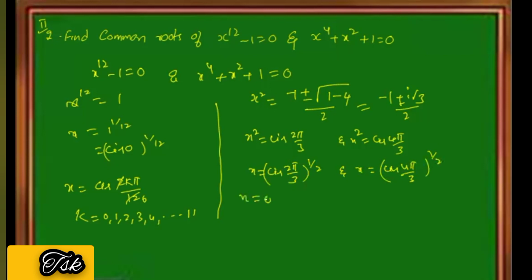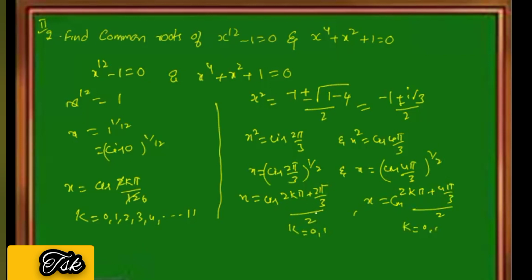So x = cis((2kπ + 2π/3)/2), and x = cis((2kπ + 4π/3)/2), with k equal to 0, 1.